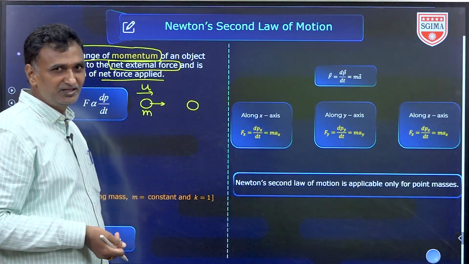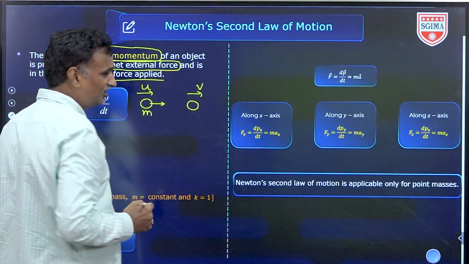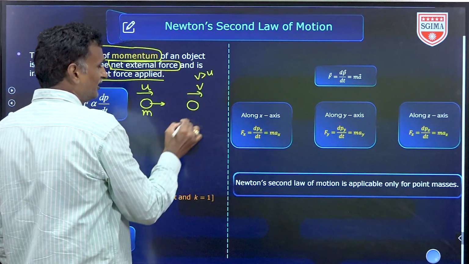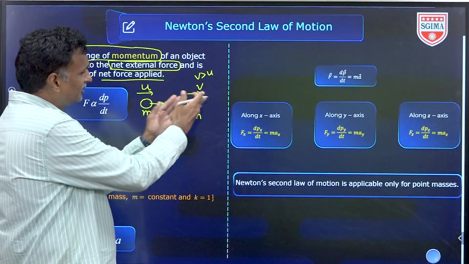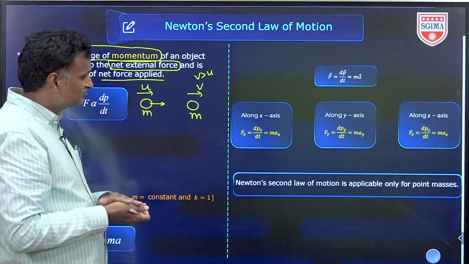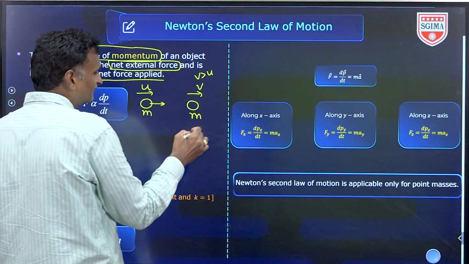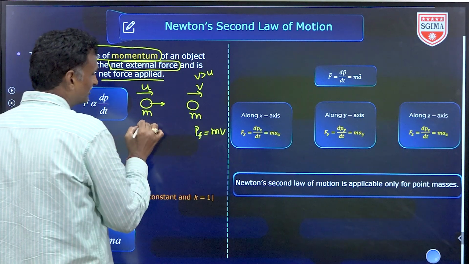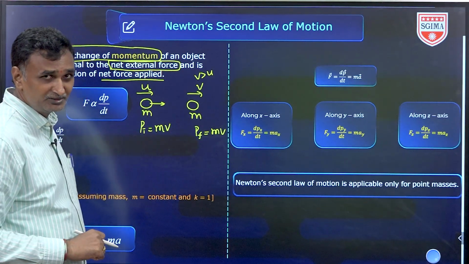Definitely. It moves with a different speed v, and definitely v is greater than u. The mass will be the same. Now momentum changes: P final equals m into v, and P initial equals m into u.